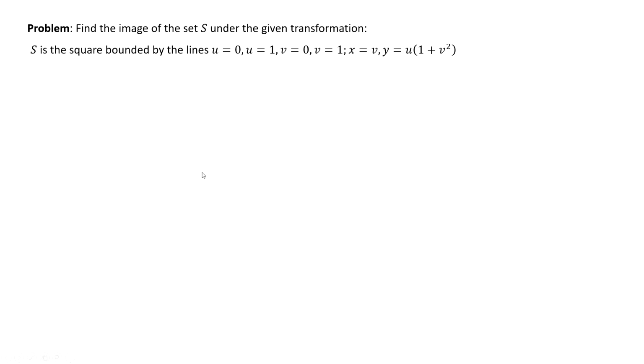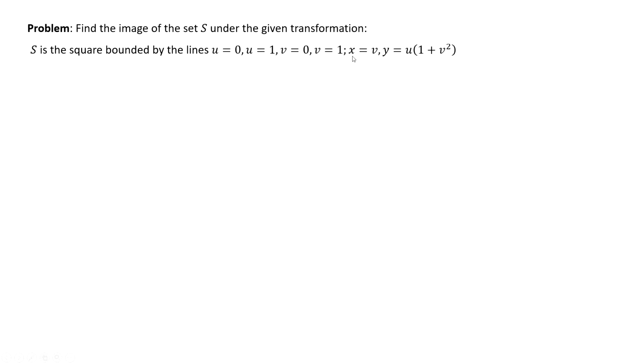Now let's actually do something. Find the image of the set S under the given transformation. So S is the square bounded by the lines u equals 0, u equals 1, v equals 0, and v equals 1.